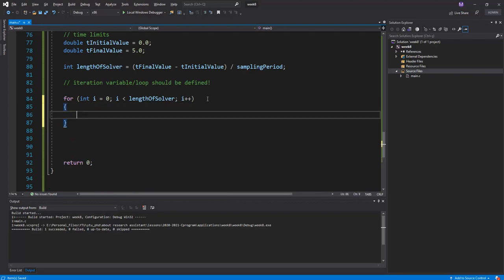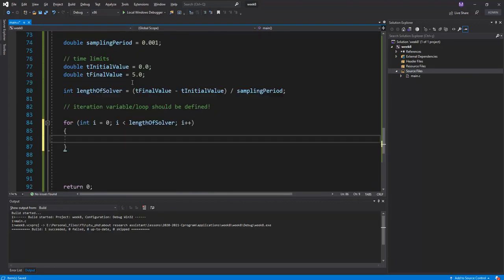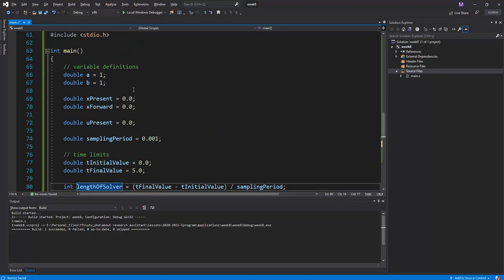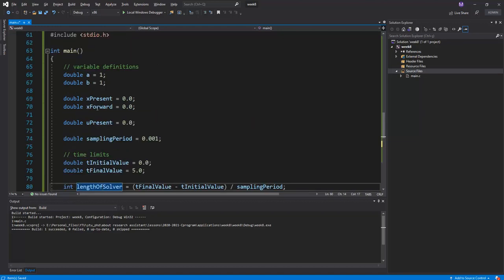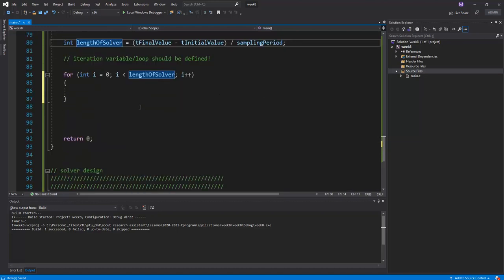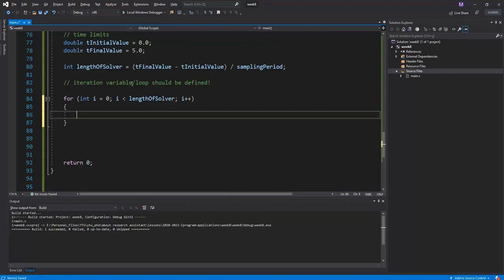Okay? And so you will use this length of solver or these codes on the microprocessor to solve any system dynamics model or any physical system in order to simulate every response with coding techniques. Okay? And so this is an important value. Okay?